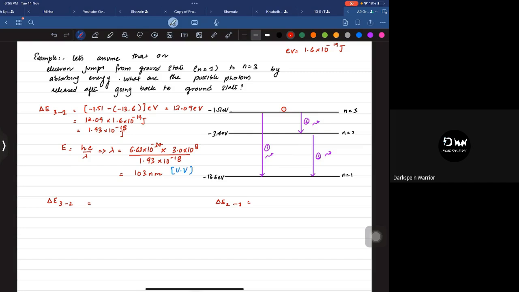Done. The step-by-step photons are 658 nanometer and 122 nanometer.